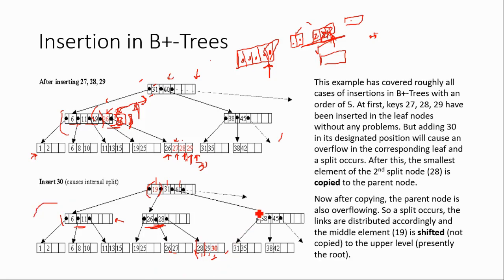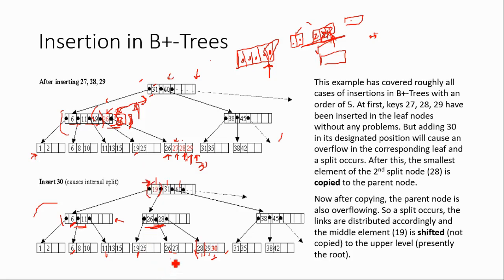Now watch where the elements have been copied, where we have redundant entries. For example, this 6 is a redundant entry which is stored in this internal node. Then 11 is there as a redundant entry. Now 19 was also there in this part, but due to insertion it has gone to this root node.